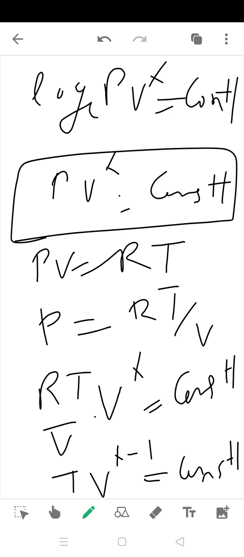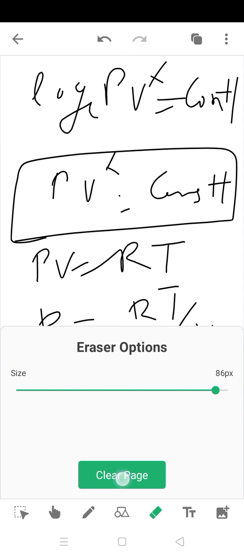Now we will calculate work done during adiabatic process. Let us consider 1 mole of ideal gas in a cylinder having perfectly insulating walls and piston.